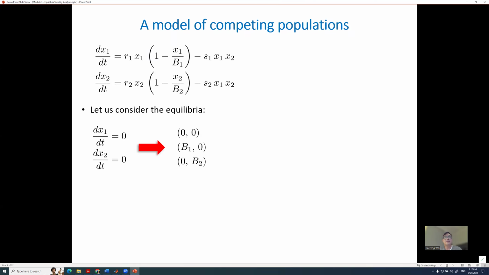And the second one means X1, the bacteria E. coli, reaches its maximum saturation density of B1, and the P. aeruginosa is 0. That means in the end, the E. coli triumph by killing all their competitors, the P. aeruginosa bacteria.